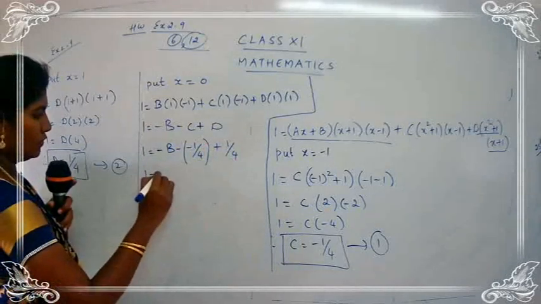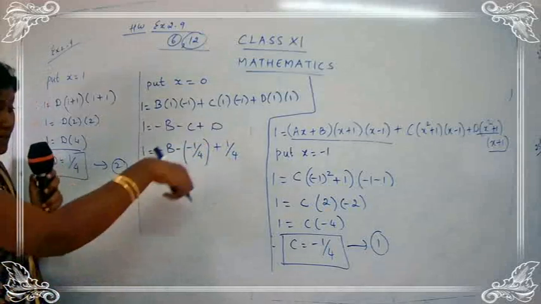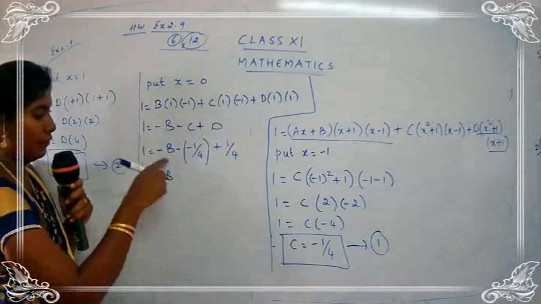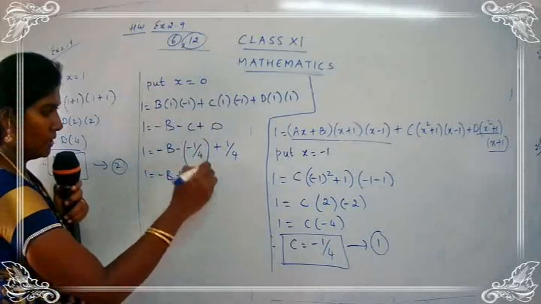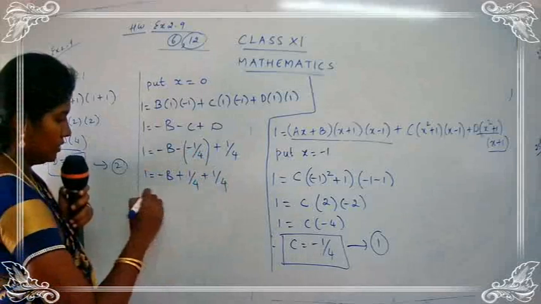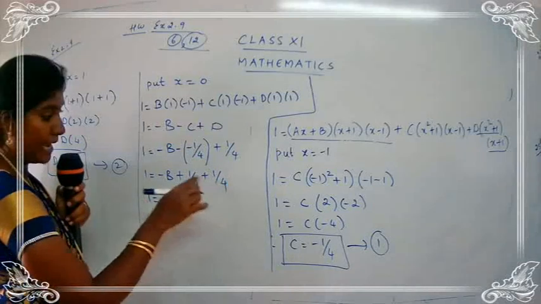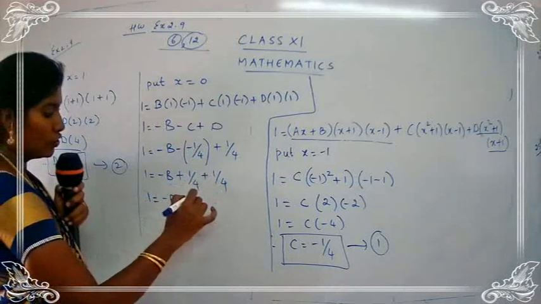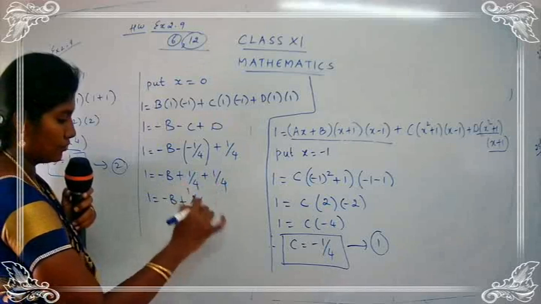So 1 is equal to minus b, minus minus, be careful with the sign, do not just simply cancel over here. 1 is equal to minus b, minus minus plus 1 by 4 plus 1 by 4. 1 is equal to minus b, the denominators are same, I can add the numerator. So 1 plus 1, 2 by 4, so this is 1 by 2.